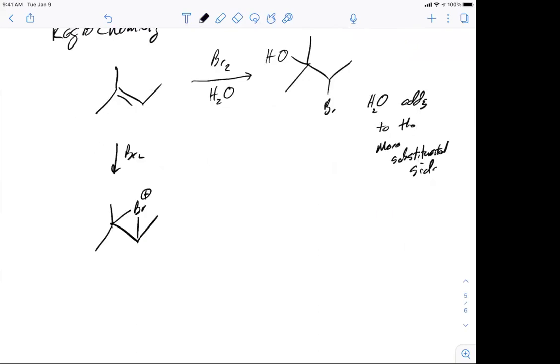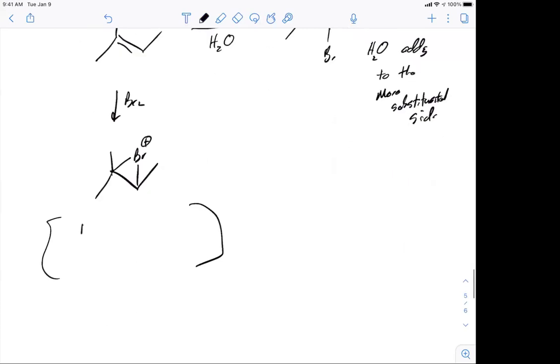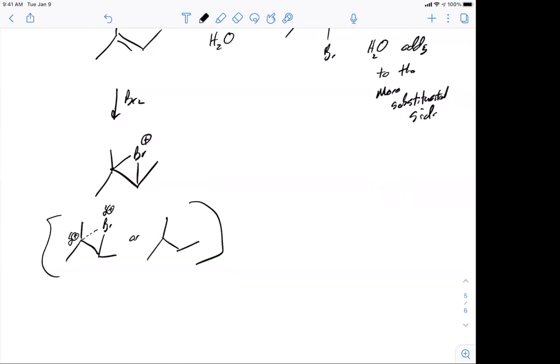And if we think about this three-membered ring being very sterically hindered, very strained, right?